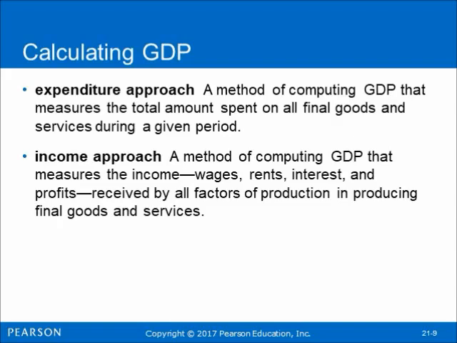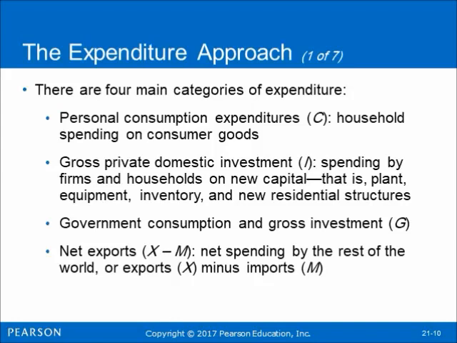The second method or approach is known as the income approach. This is a method of computing GDP that measures the income in the form of wages, rents, interest, and profits, which is received by all factors of production in producing final goods and services, or the final output of the country.